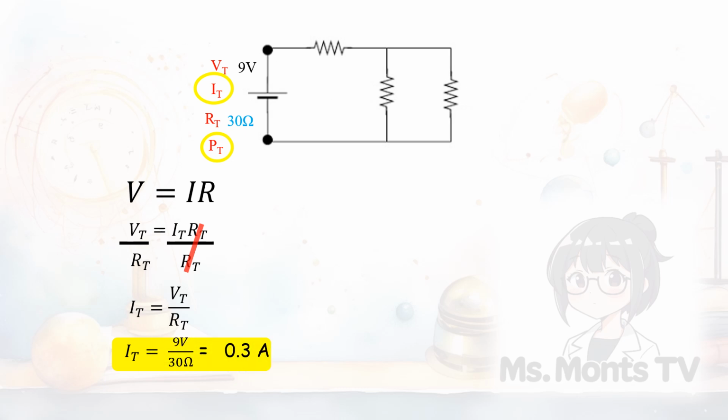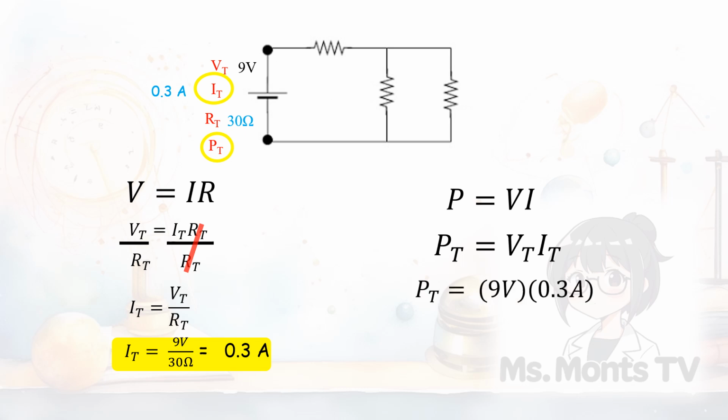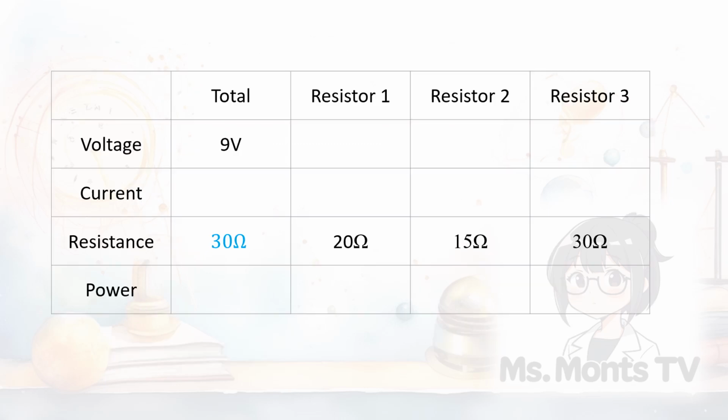Now we can get the total power. Power equals voltage times current. So total voltage times total current, that will be 9 volts times 0.3 amperes, which is 2.7 watts. So the total power is 2.7 watts. So now we have the total current, 0.3 amperes, and the power, 2.7 watts.